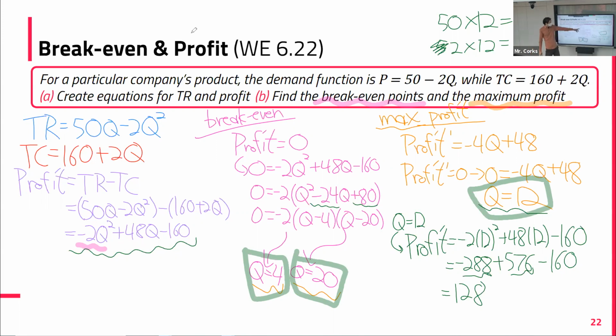Okay, so from just a very simple thing, just a small demand function and a small total cost function, there's actually a whole lot of stuff we can do here and figure out total revenue and profit and break-even. And we could also find a maximum total revenue, or we did actually in the earlier examples, maximum profit, all kinds of stuff we can do from just a pretty simple starting point here.